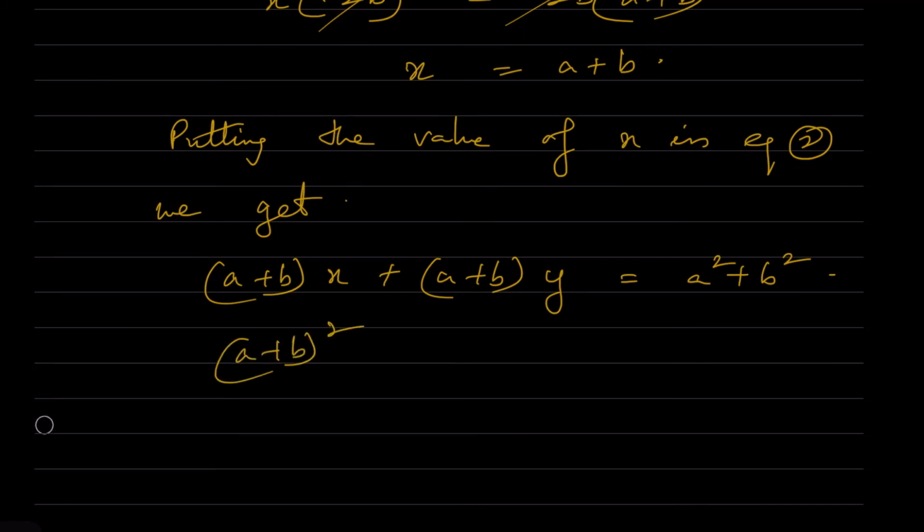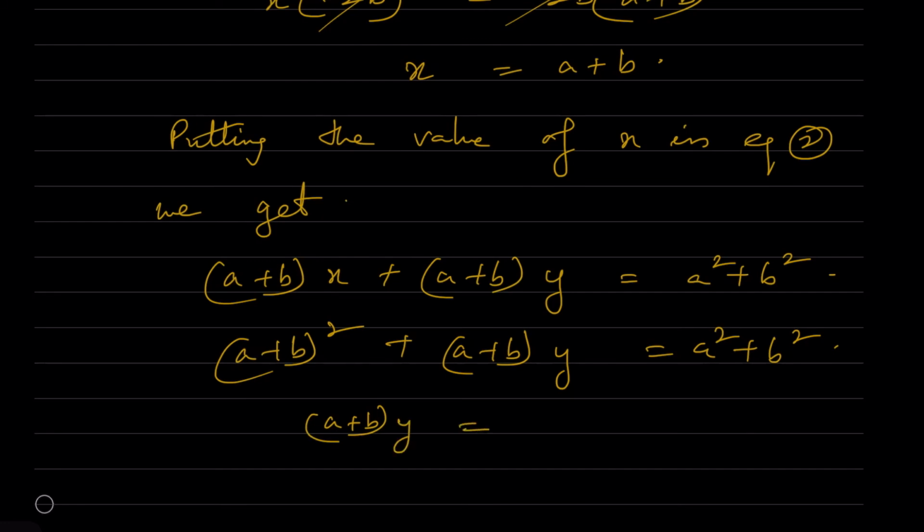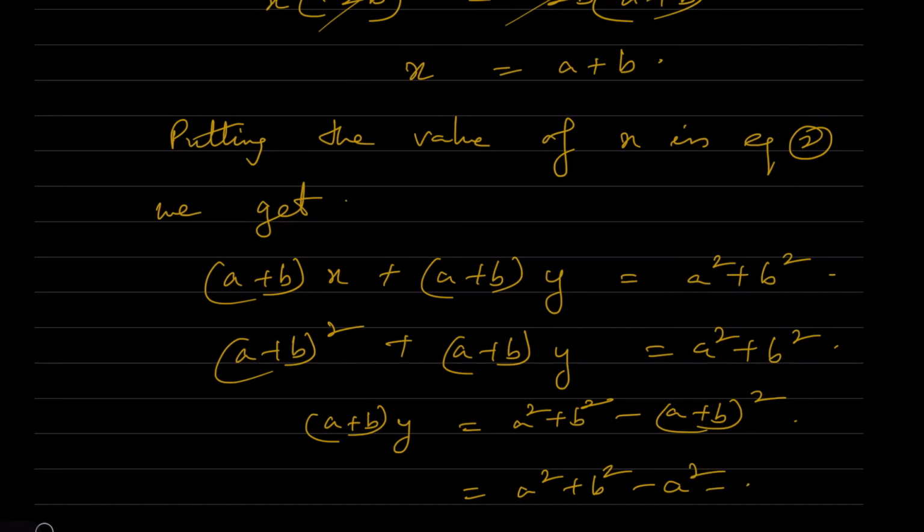Therefore a plus b whole square plus a plus b into y is equal to a square plus b square. So now if you take it to the other side, a plus b into y is equal to a square plus b square minus a square plus 2ab with the negative sign. So if you subtract, what are you getting?